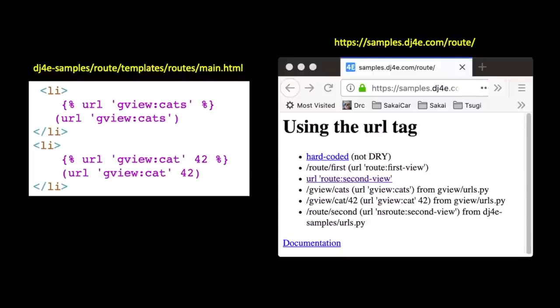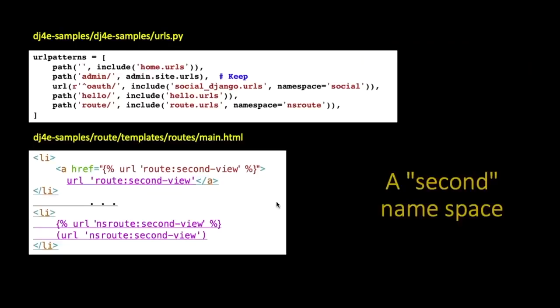So this is what it looks like. This gview:cats URL and gview:cat 42, the detail page that demands a parameter, it constructs that just fine. Okay? So that's going from the route application to the gview application.